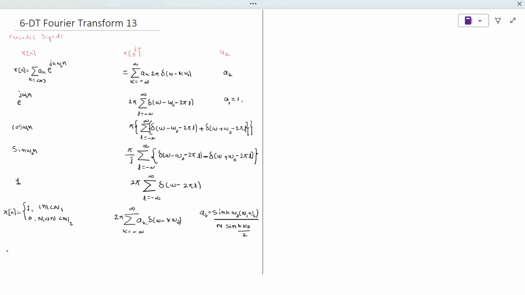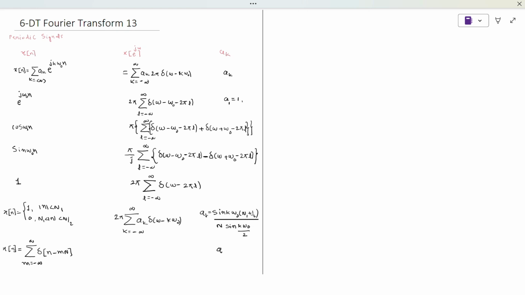Next, impulse train. x of n equals sigma delta of n minus m into N, with m from minus infinity to infinity.